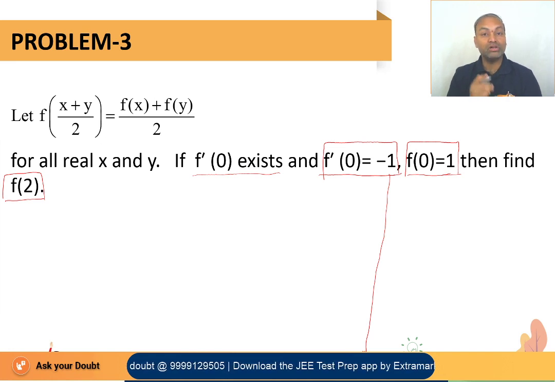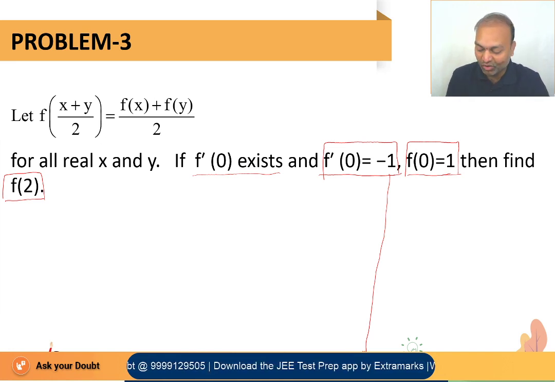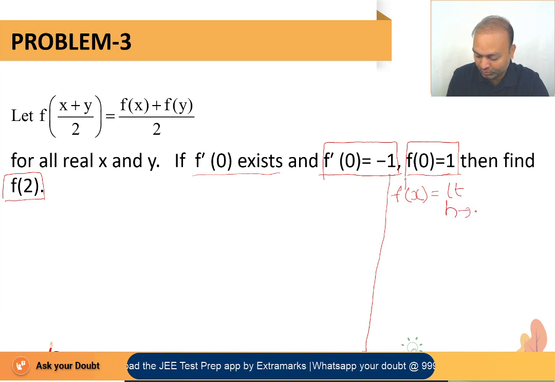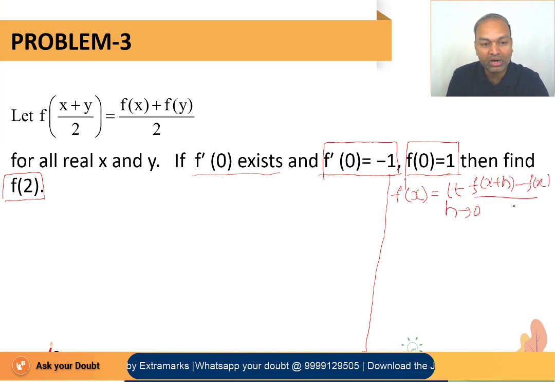That formula here I am writing. f dash of x is equal to limit h tends to 0 of f of x plus h minus f of x, whole divided by h.